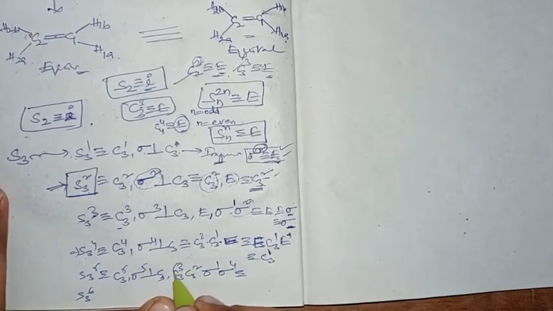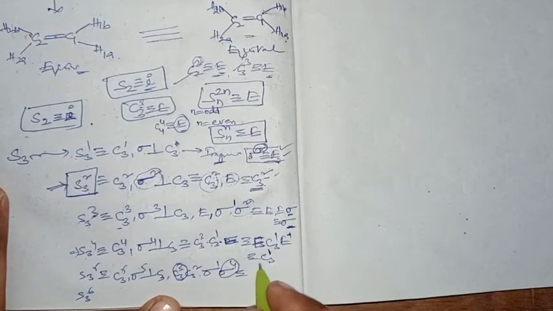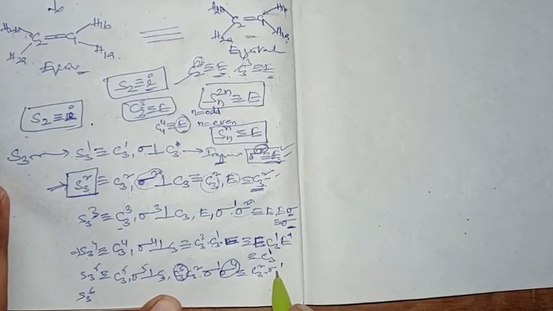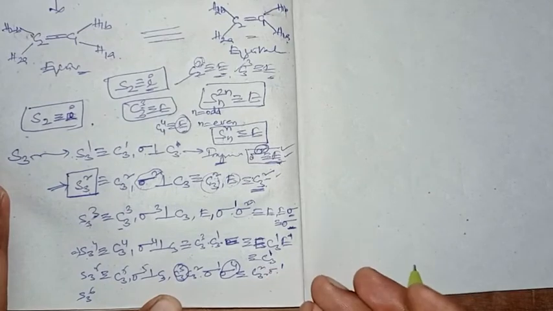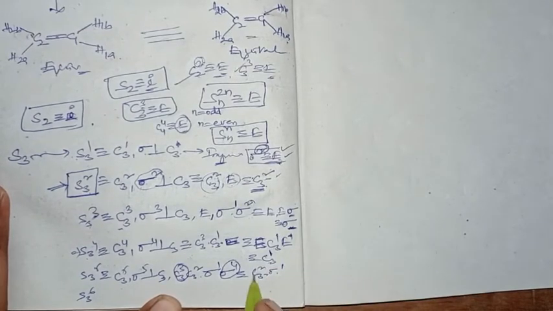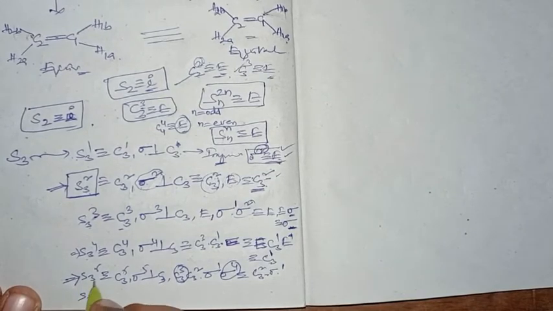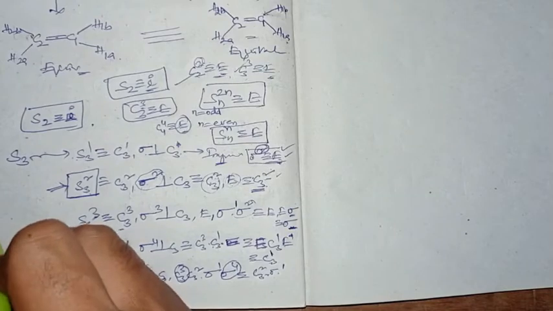This C3^3 is E and sigma^4 is also E. So after all we get C3^2, comma, sigma one time. So here it is a rotation followed by reflection, nothing but an improper axis only. So S3^5 remains an improper axis, right?